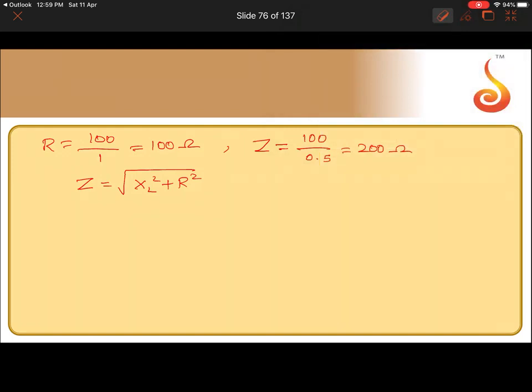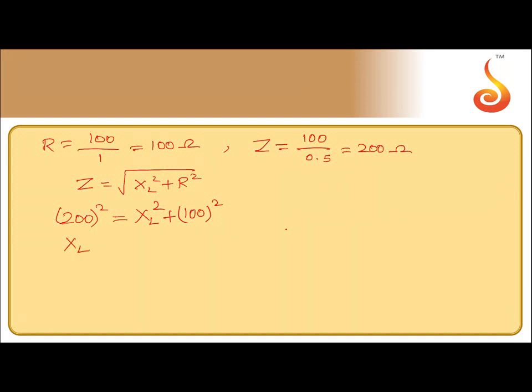Along substitution it is. So Z is 200, square on both sides, 200 square is equal to XL square plus 100 square. Now XL square is equal to 200 square minus 100 square.